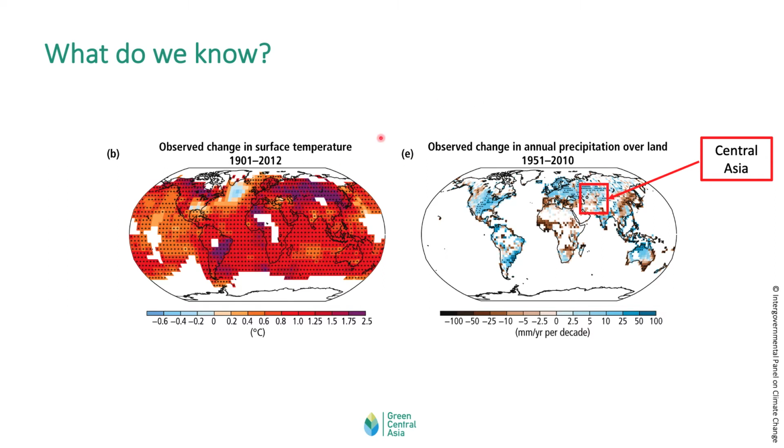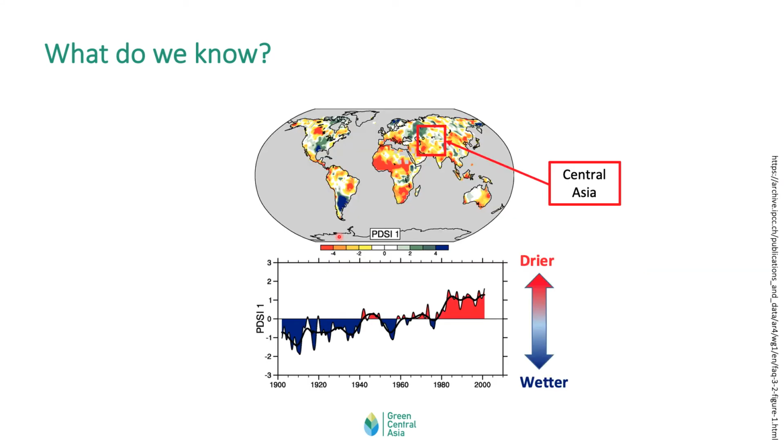But the combination of these two, temperature and precipitation, which is shown in this dry index called the Palmer Drought Severity Index, is based on both precipitation and temperature. Increasing temperatures are going to increase evaporation.